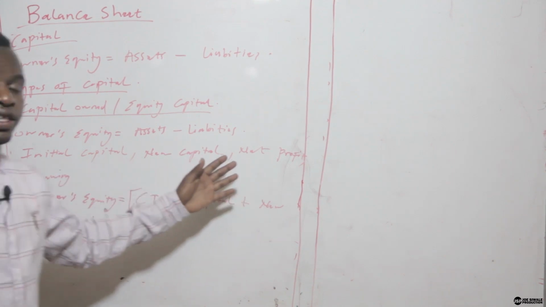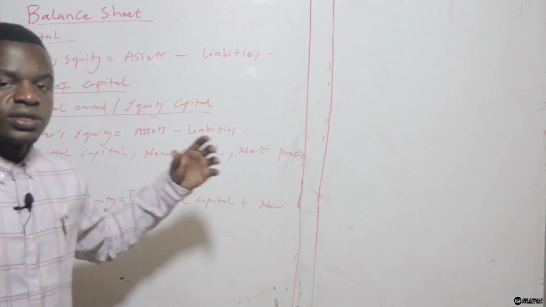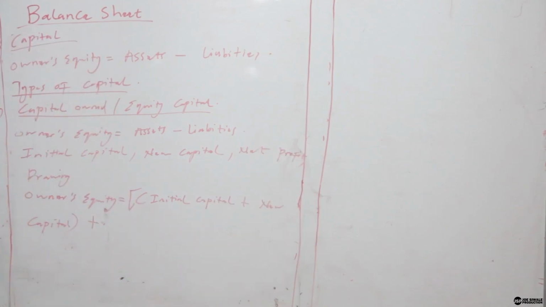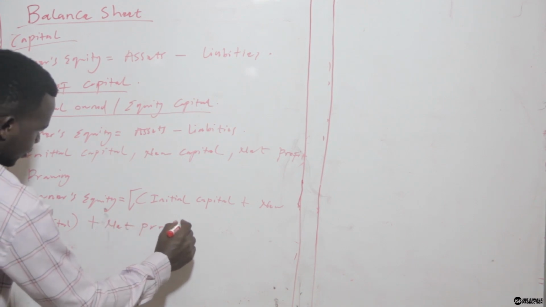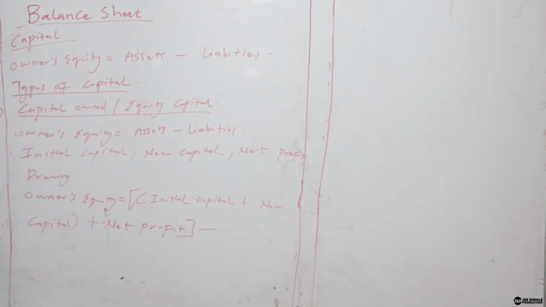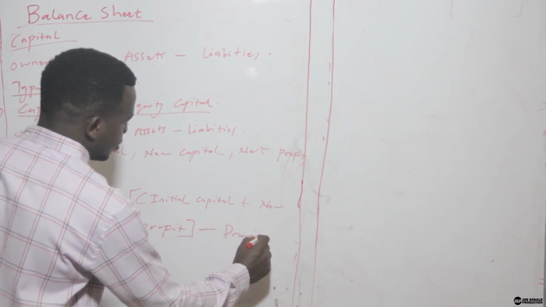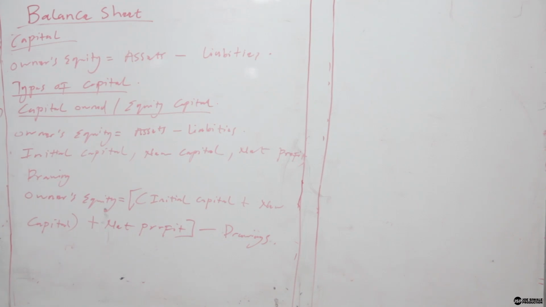And this net profit, that means that it is not distributed into dividend. So that means that it is brought back into the business. So we can say add net profit. Then when we find that total minus drawings, and we have said that drawings is the amount of money that is used for personal use, so minus drawings. So that can be the formula. So that's all about capital owned or equity capital.